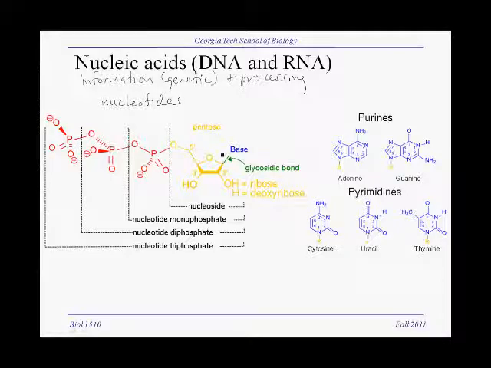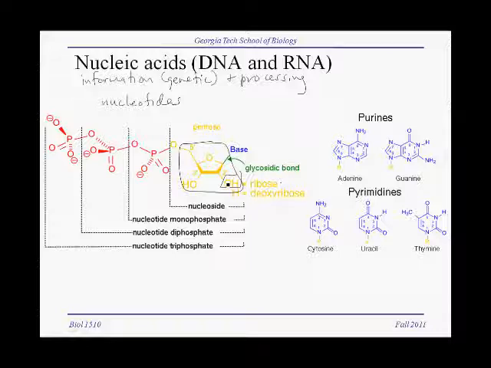This figure shows you what a nucleotide is made of. First of all, it has a 5-carbon sugar. Ribose, a pentose, means it's a 5-carbon sugar. The 5-carbon sugar in RNA is called ribose. The 5-carbon sugar in DNA is called deoxyribose. The only difference is that the hydroxyl group, the OH in ribose, is substituted with just an H, a hydrogen.